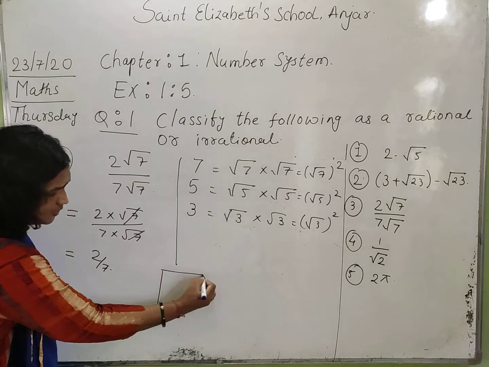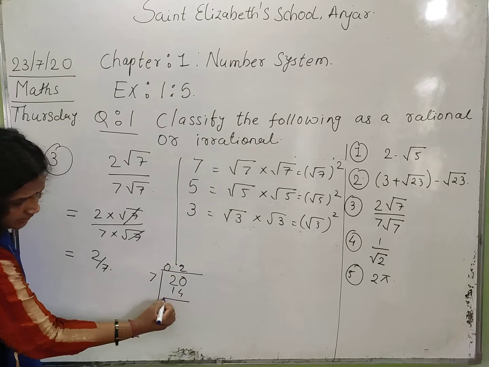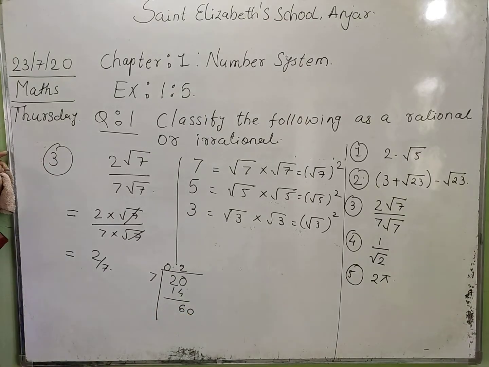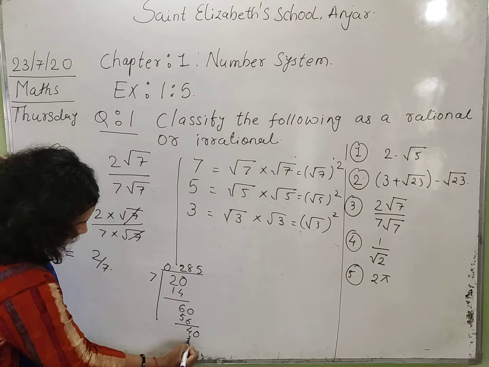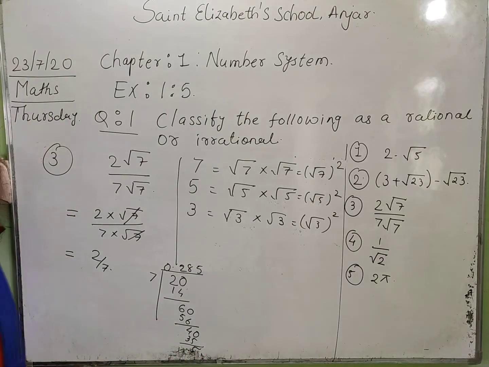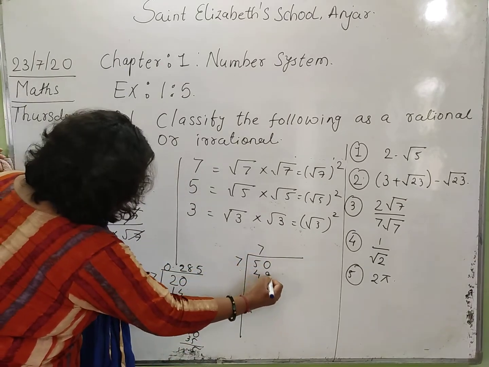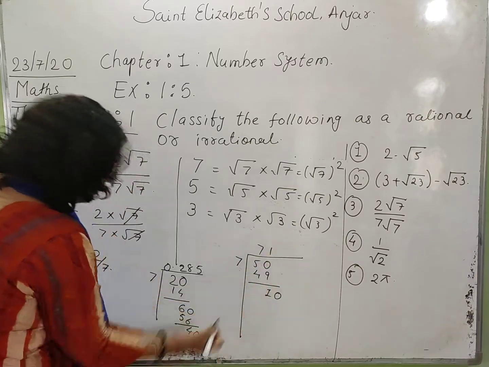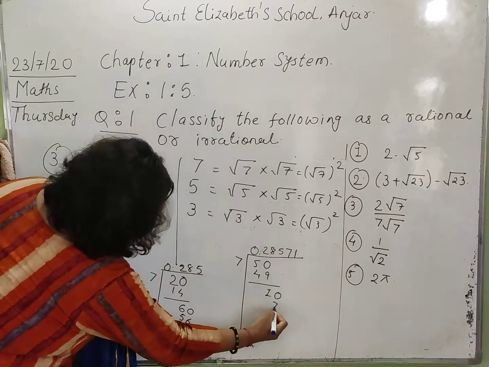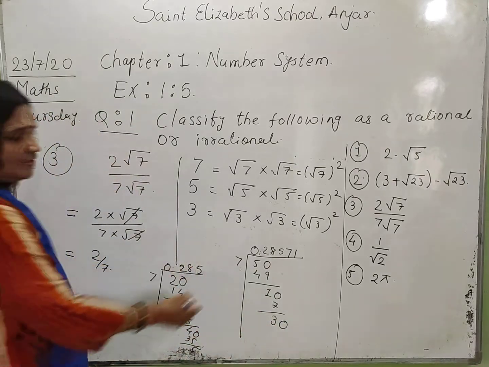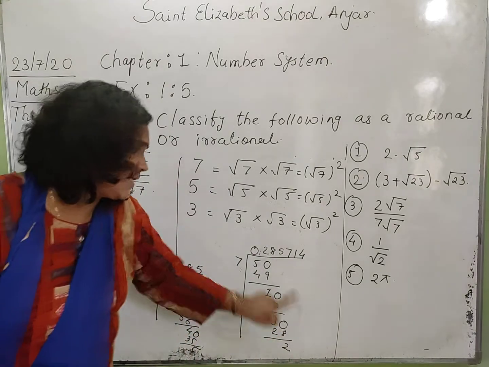So 2 divided by 7 gives 0.2857, and then the remainder 2 comes again, which means the process repeats.